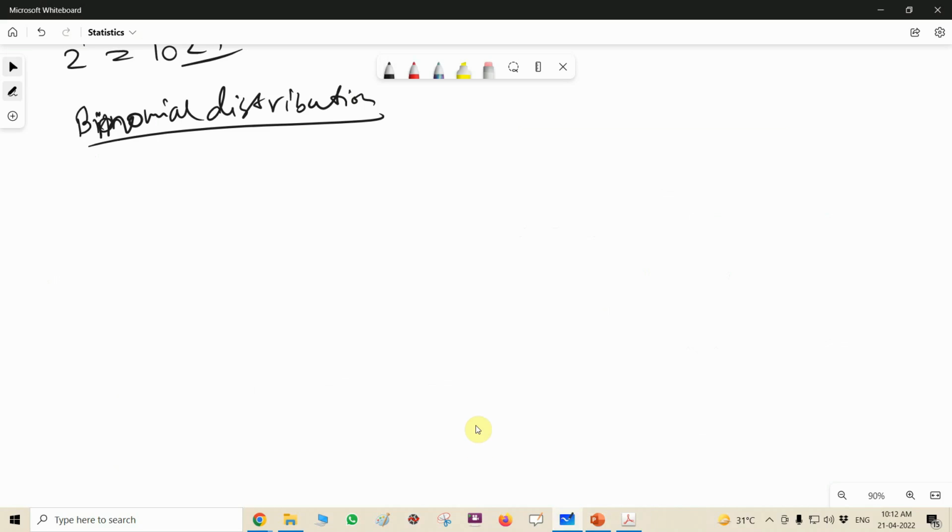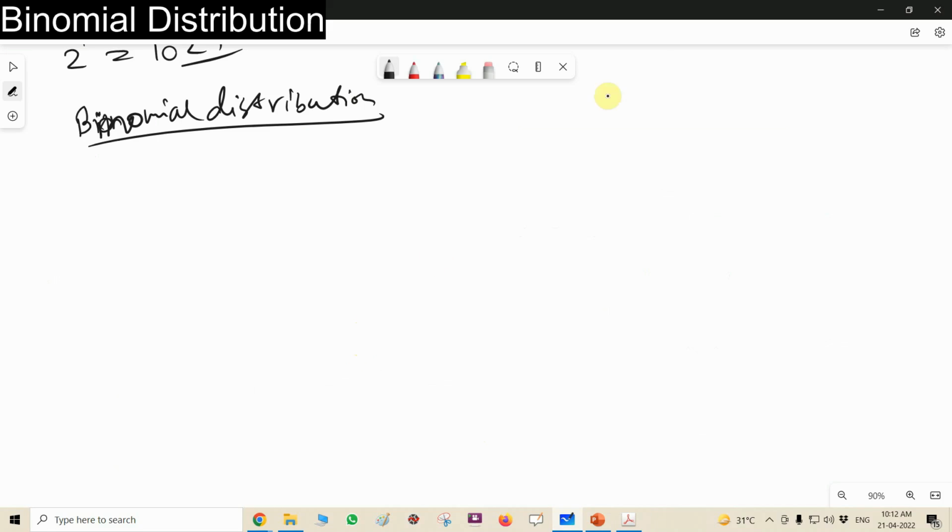So in the binomial distribution, when will you be using the binomial distribution, when will you be using the Poisson distribution, when will you be using the normal distribution, who will decide what to do? So the sample space behavior basically decides which distribution you will be applying. How?